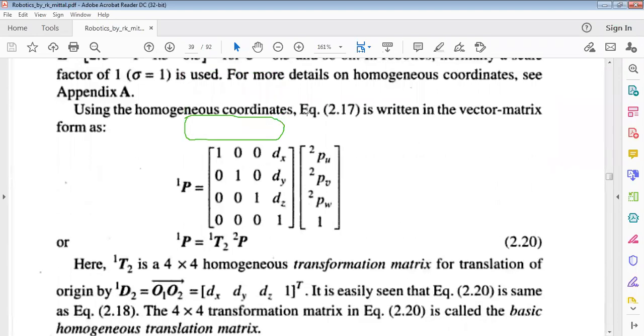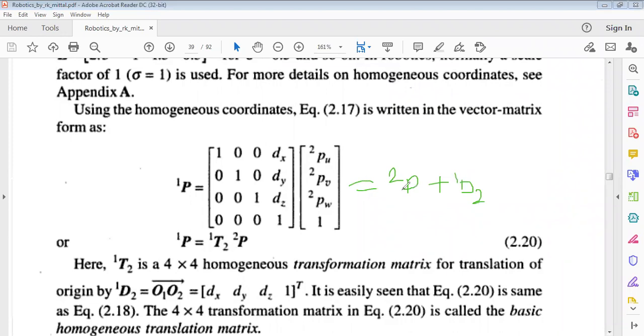See, 1p is equal to p2 plus 2p: the position of p with respect to the second frame plus the translation distance d of the second frame with respect to frame 1.